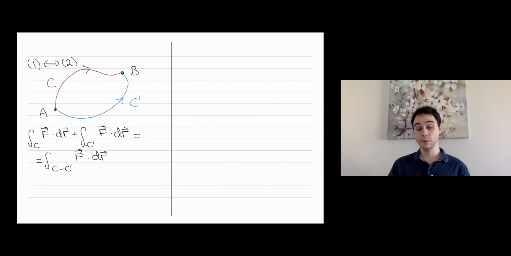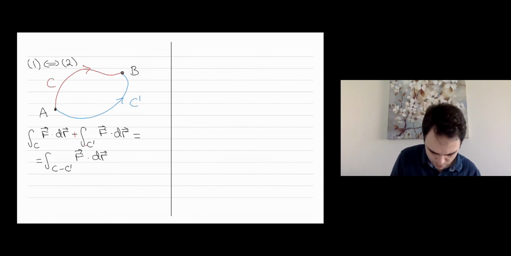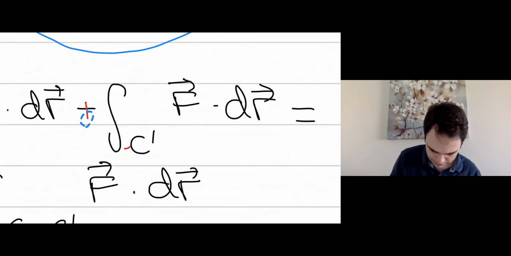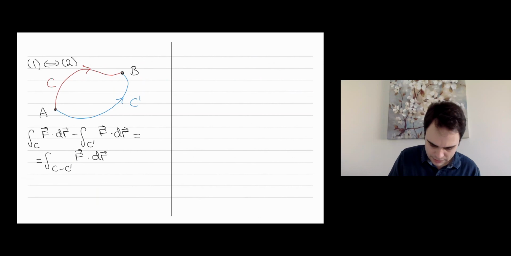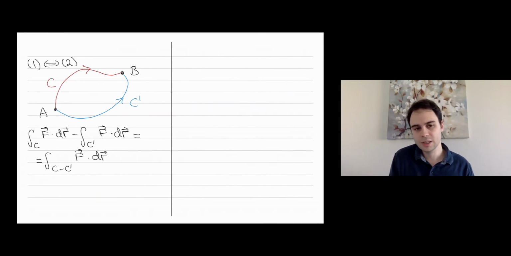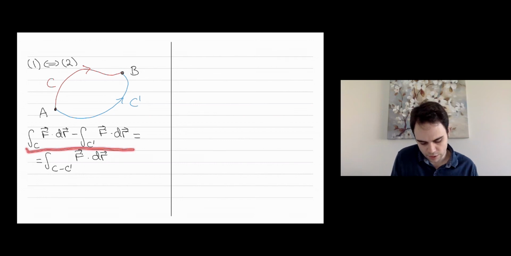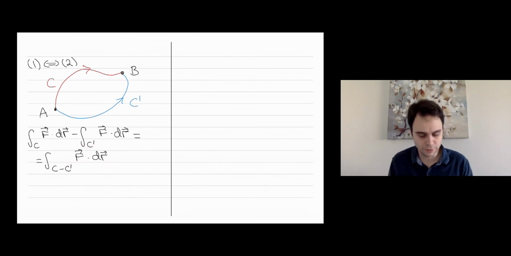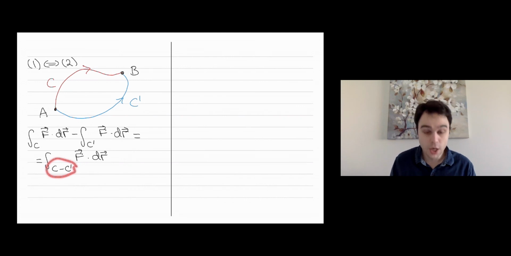So if I have two curves with the same endpoints, the difference of the integrals of the vector field over the two curves is the same as the integral of that same vector field over the difference of the curves, which is a loop.